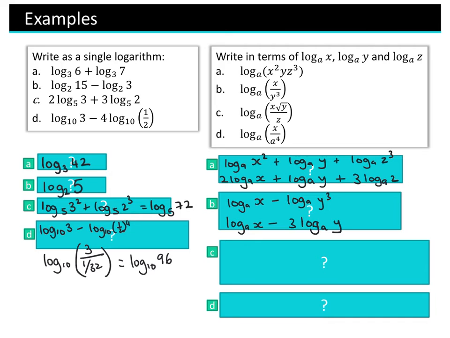We know root y is the same as y to the power of a half, isn't it? I'm going to do this without showing my steps. Let's see if you can follow. Log to the base a of x plus a half log to the base a of y minus log to the base a of z.